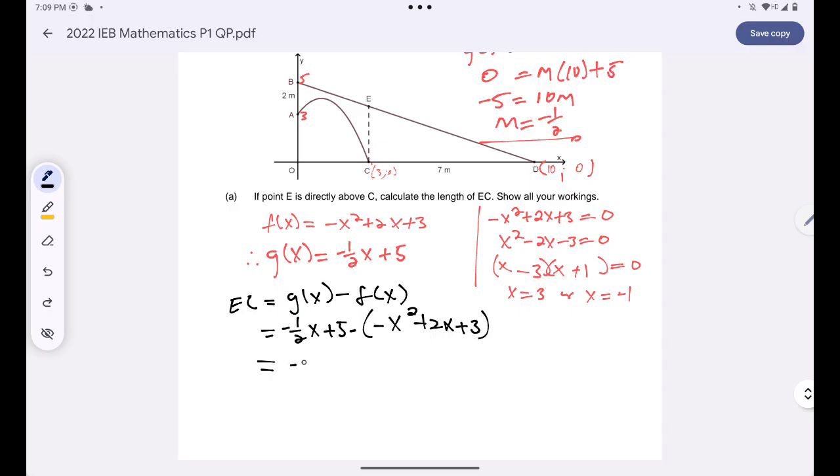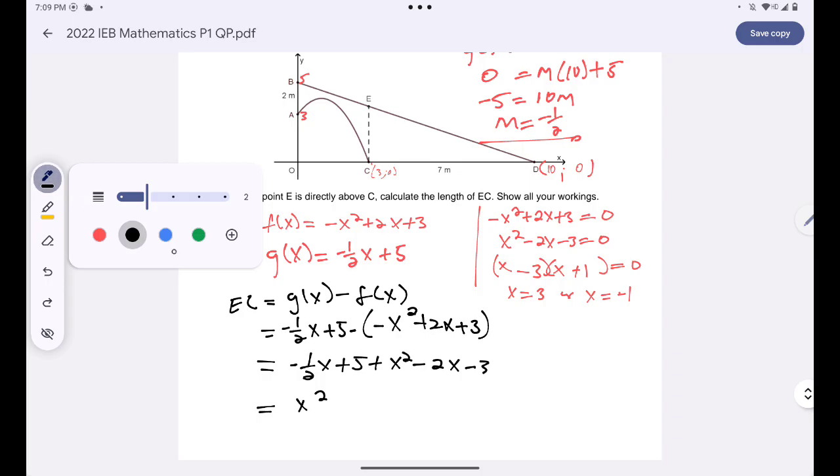So this will give me negative 1 over 2x plus 5 plus x squared minus 2x minus 3. I'll have x squared, and then negative half and negative 2 will give me negative 5 over 2x, and then 5 and minus 3 will give me plus 2.